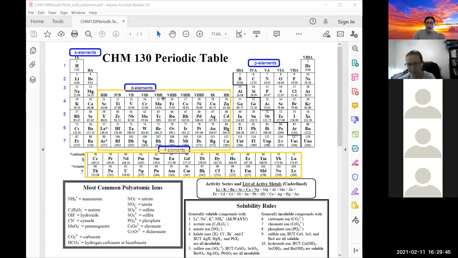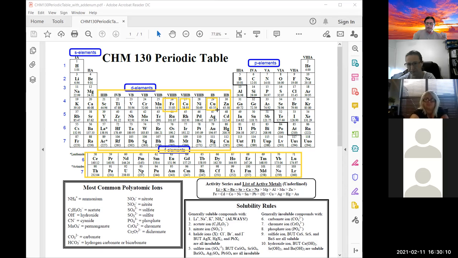For example, iron has the capability of existing in 2 forms, by losing either 2 electrons or 3 electrons. Copper, Cu, also has 2 forms, copper 1 and copper 2. So they vary depending on the reaction conditions.